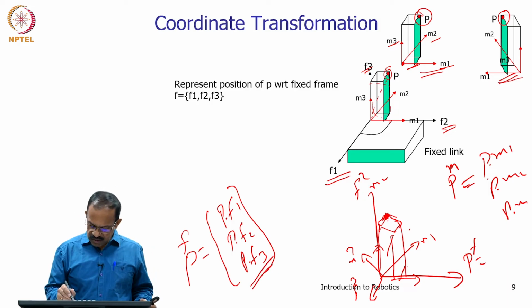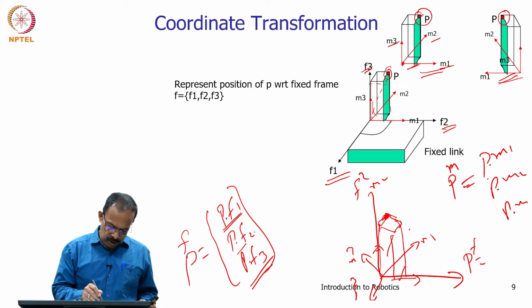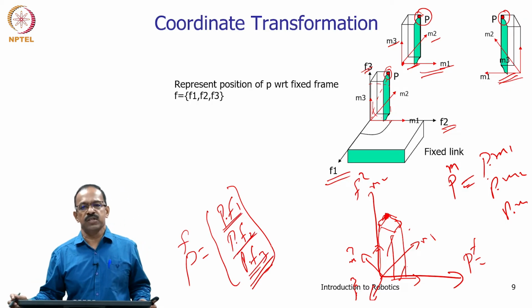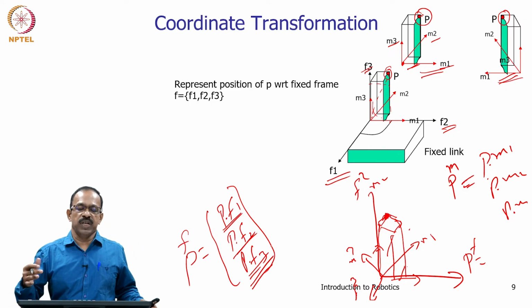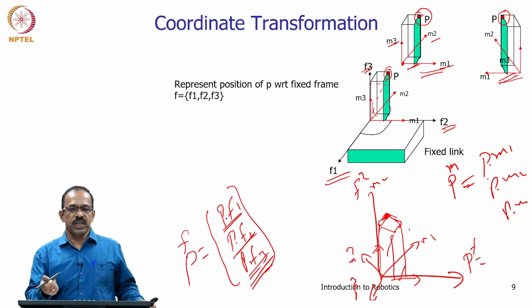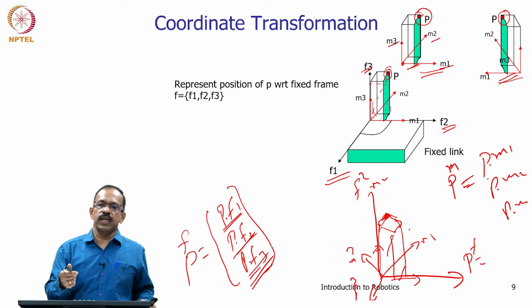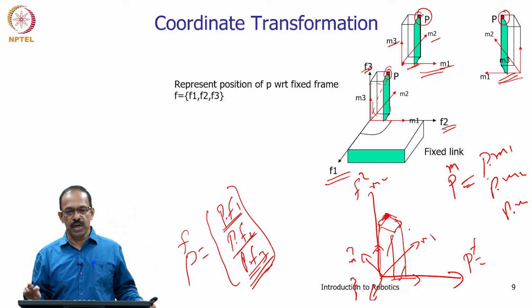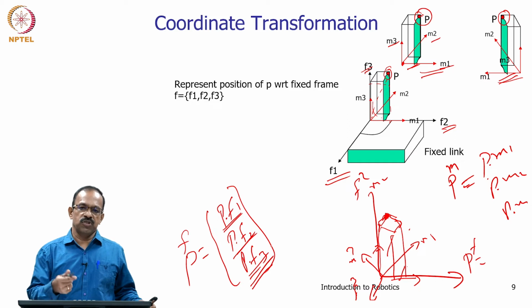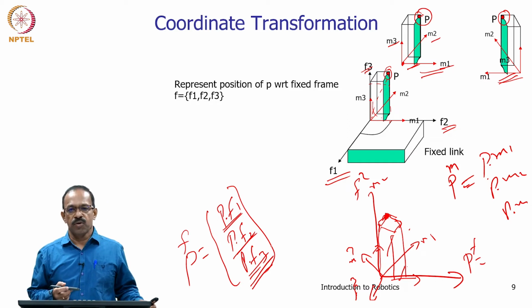But since this object has changed and its mobile frame has moved, the values of P dot F1, P dot F2, P dot F3 will not remain the same because the object has rotated. So, what it says is that when the object is rotating, the position of P remains the same with respect to a mobile frame, but its position changes with respect to the fixed frame.